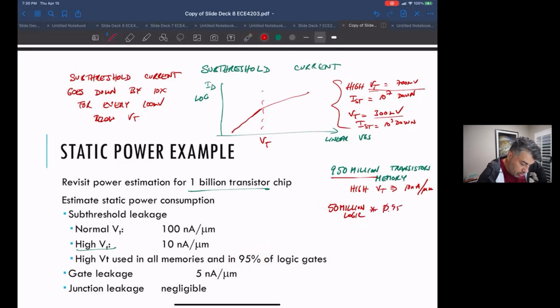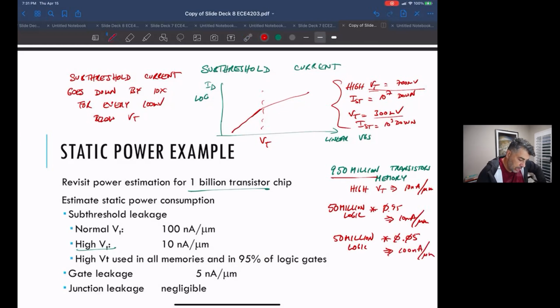So those are also at 10 nanoamps per micron. Okay. And then the other 5% of logic are at 100 nanoamps per micron.